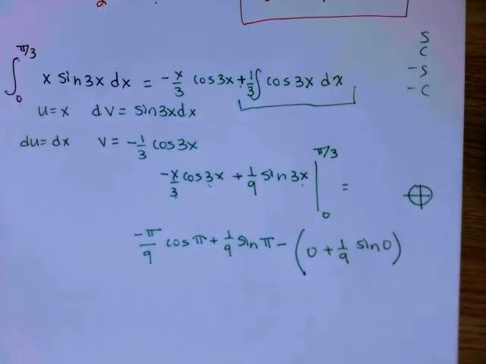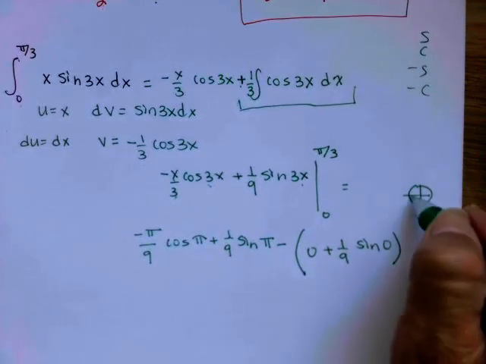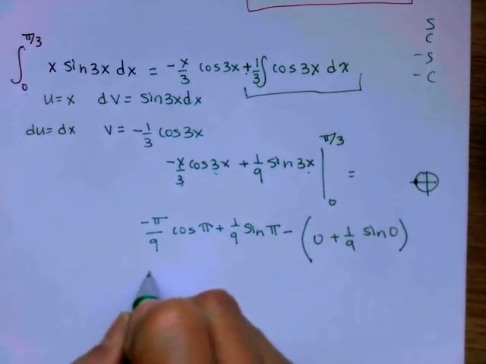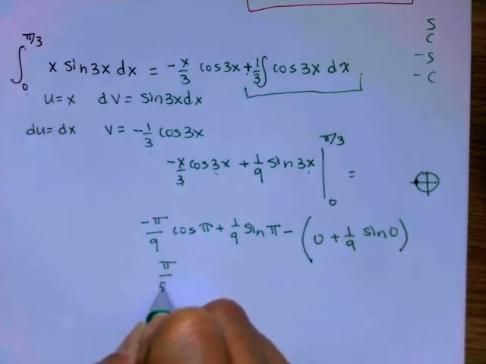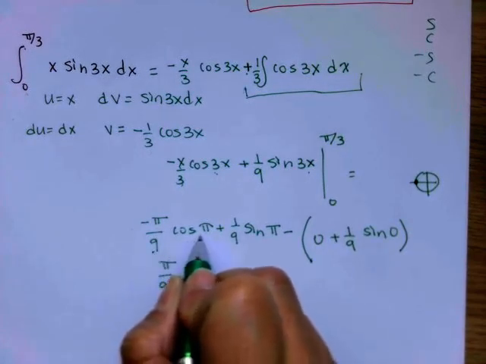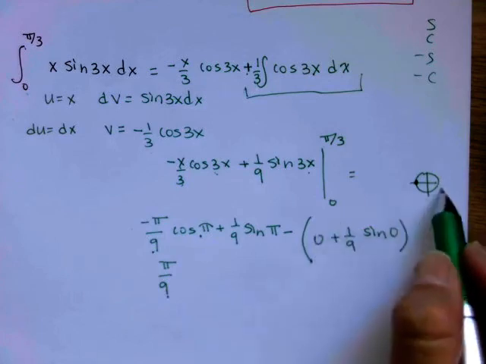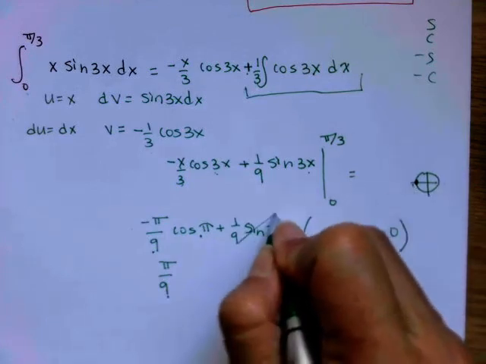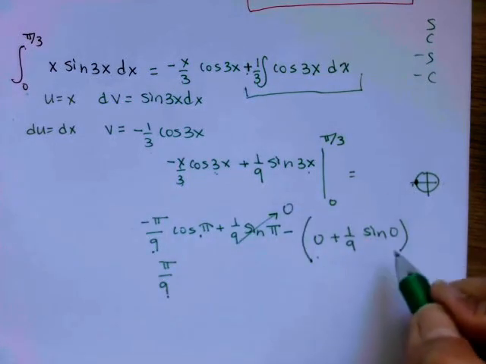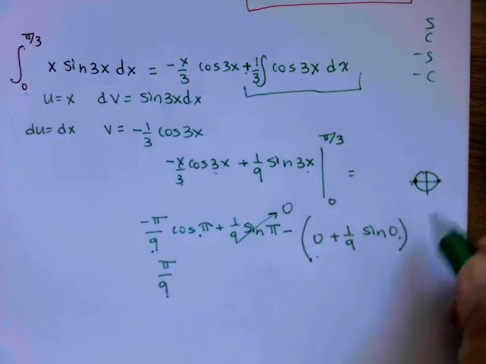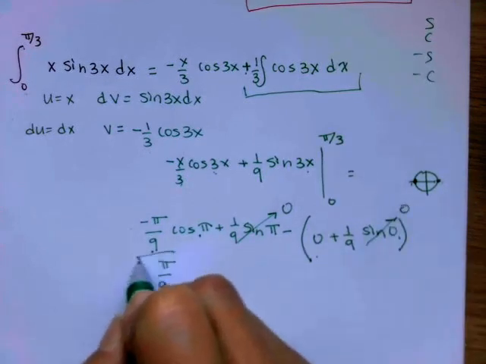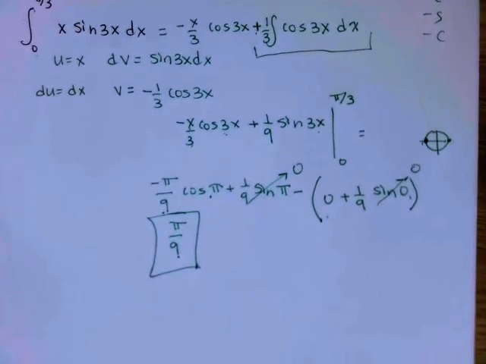So let's see, that goes away. Cosine of pi is negative 1, so I have pi ninths for my first term, so negative pi ninths times negative 1 will be positive. The sine of pi is 0, sine of 0 also 0, so it looks like it's just pi ninths.